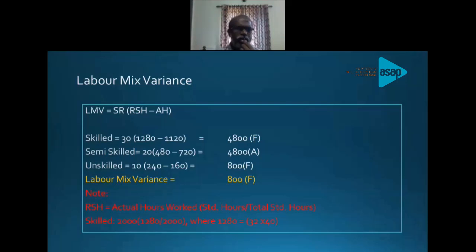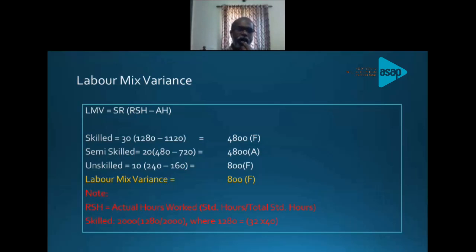For the skilled workers, actual hours worked, it is 2000. I have shown it in the first slide regarding the solution. How many employees were there? Total number of employees, it is 50. They have worked for 40 hours. So 50 into 40 is equal to 2000.